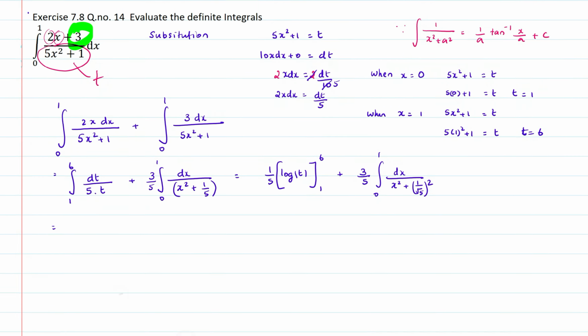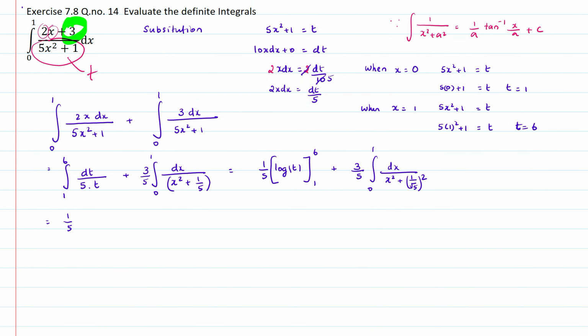So this will be 1 by 5 into (log 6 minus log 1) plus 3 by 5 into 1 by a, that is 1 by root 5, tan inverse of x by 1 by root 5, with limits 0 to 1.